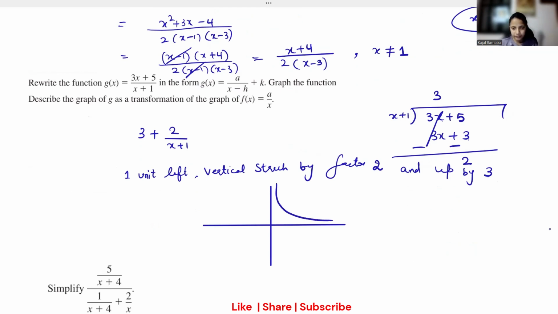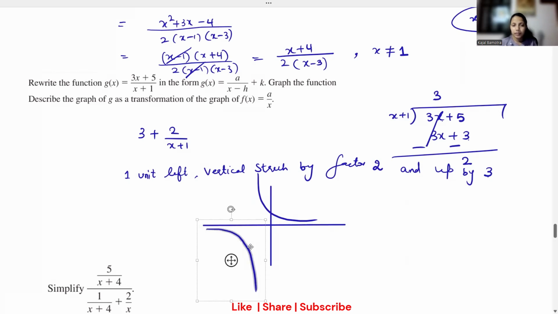1 by x has a graph like this. It's shifted 1 unit left. So 1 unit left. Then vertical stretch by factor 2. So vertical stretch by factor 2.